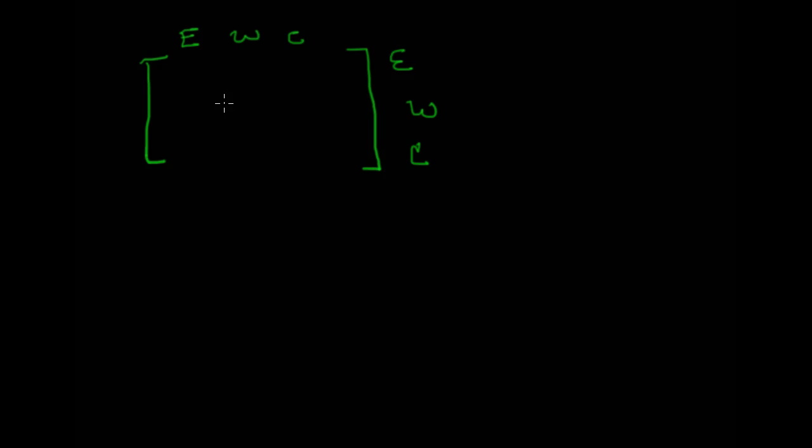Okay, and this is the output, and this is the input. So what we're going to say here is that in order to produce 1 unit of electricity, we're going to have to consume half a dollar of electricity, or 50%.